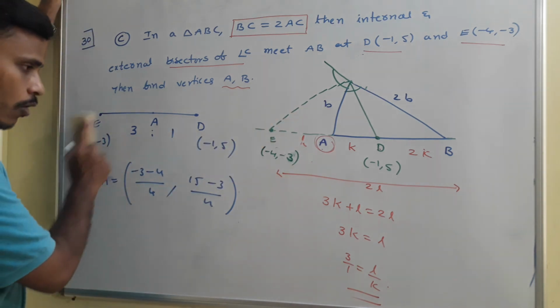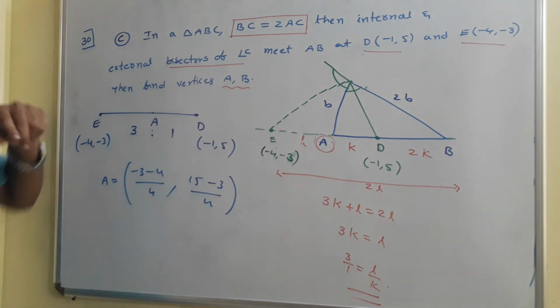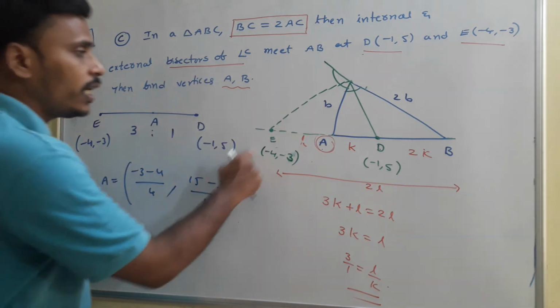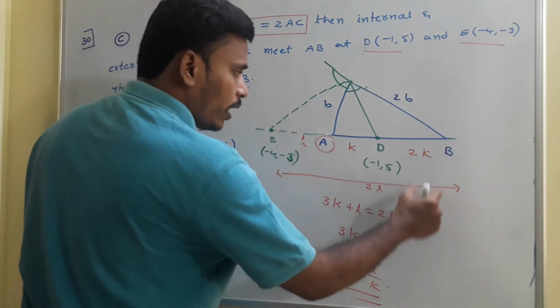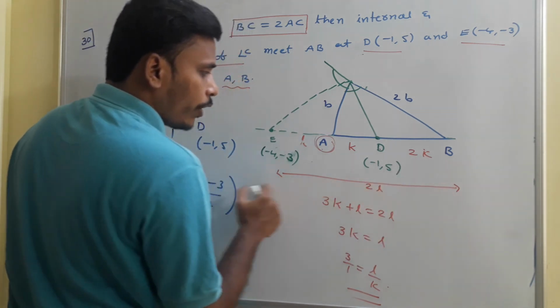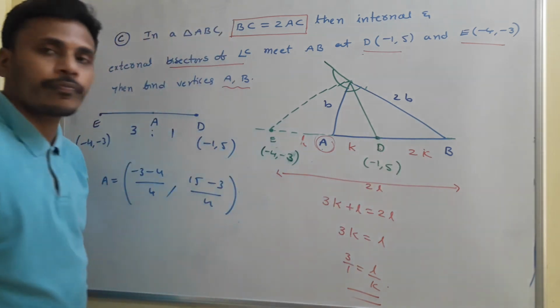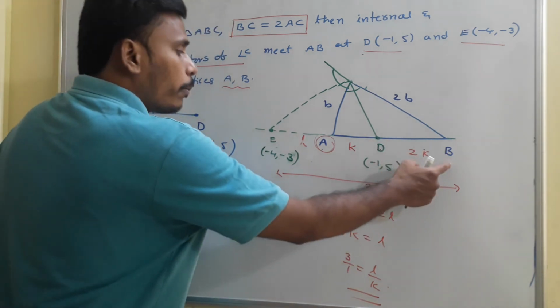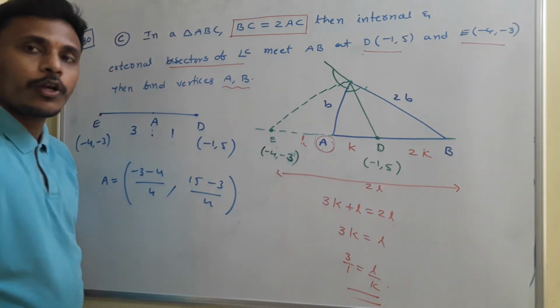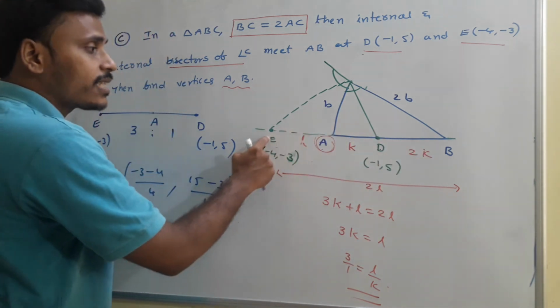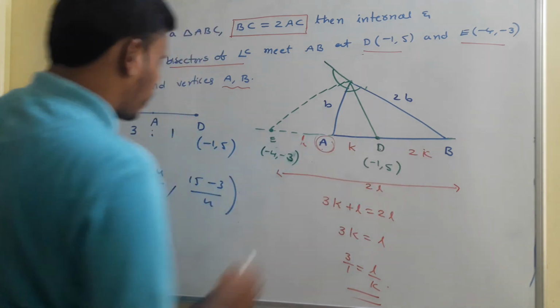Okay, I am erasing this now. To find B, again you just think about EDB. What is that ratio? This is 2L, this is 2K. Okay, 2L and 2K. So it is dividing again in the ratio L is to K, which is 3:1. So B is dividing this ED in the same ratio externally.